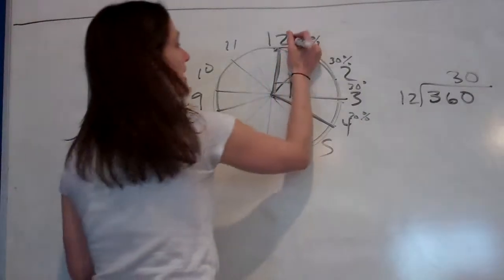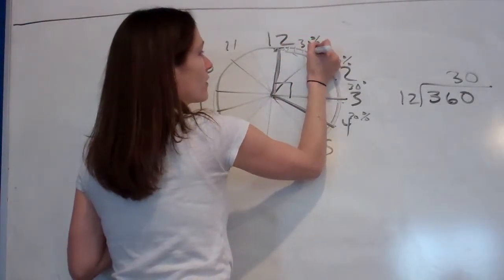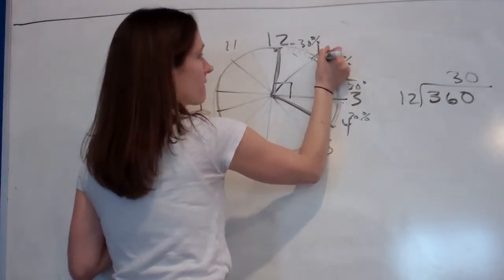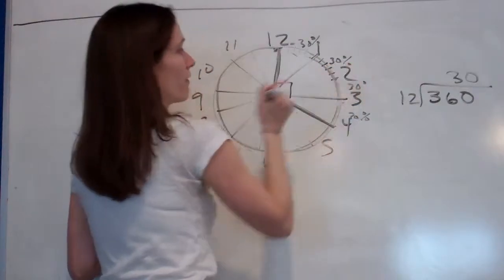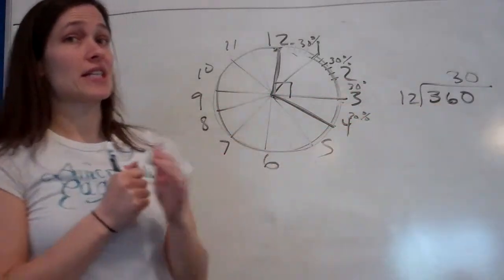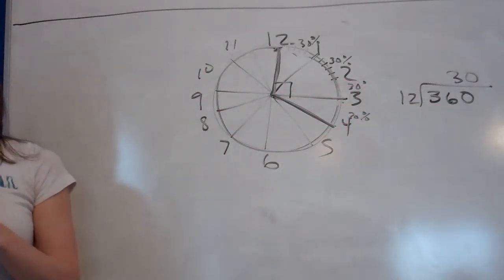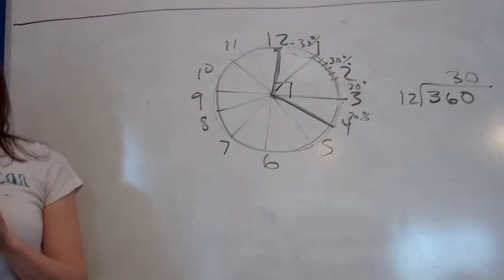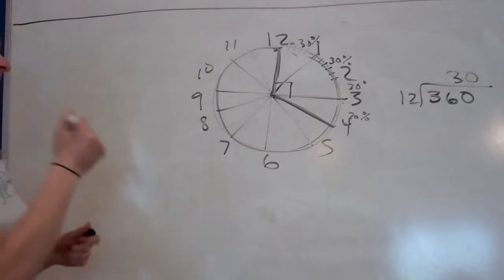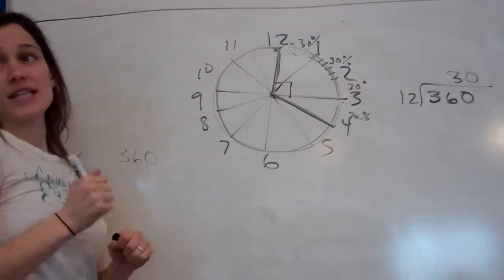Let me show you one more thing. Every tick on the clock, how many ticks are there? 60. And we have 360, so 360 divided by 60 is 6 degrees.